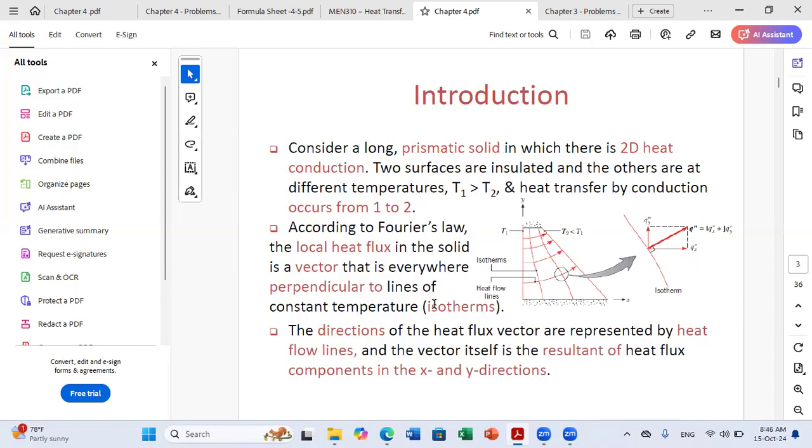But if these lines are not parallel, we don't have 1D, we'll have 2D, as you can see in this figure. So you are imposing two adiabatic conditions at two surfaces. Here you have insulation, okay? And here you have different temperatures: this surface is at T1 and this surface is at T2.